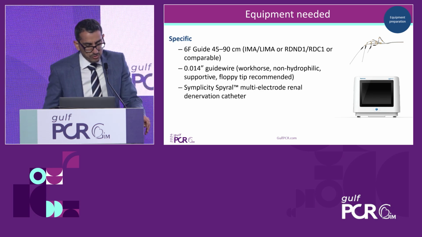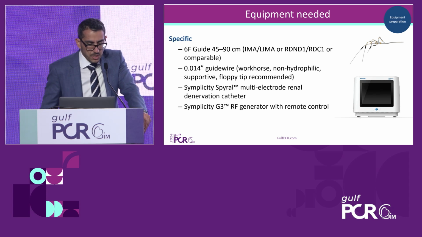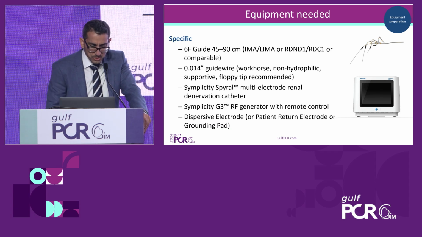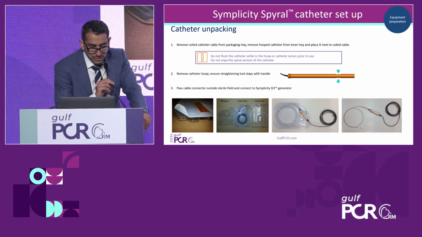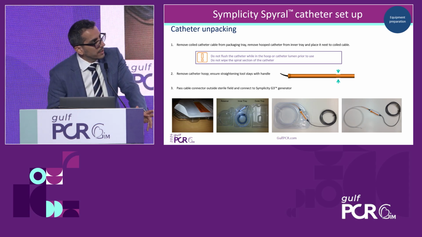You're essentially going to have your denervation catheter, which is the Simplicity spiral catheter, and the generator, which you're going to connect the catheter to. There are dispersive electrodes that go on the patient for grounding. The catheter comes standard in a package. You're going to take it out.